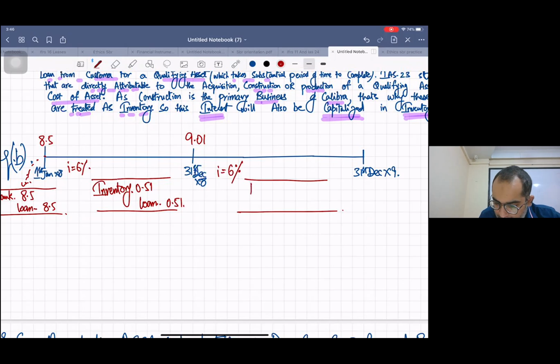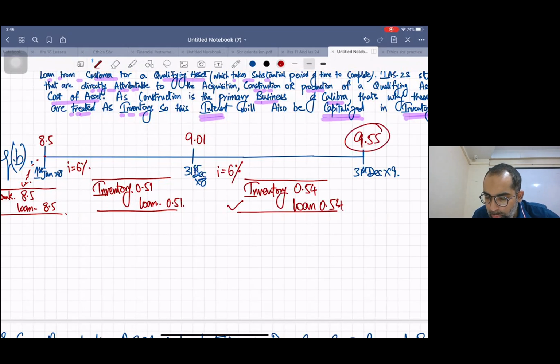So this will be debit inventory 0.54, and credit loan 0.54. Now can you add these two? It will be 9.55. This is your final loan.